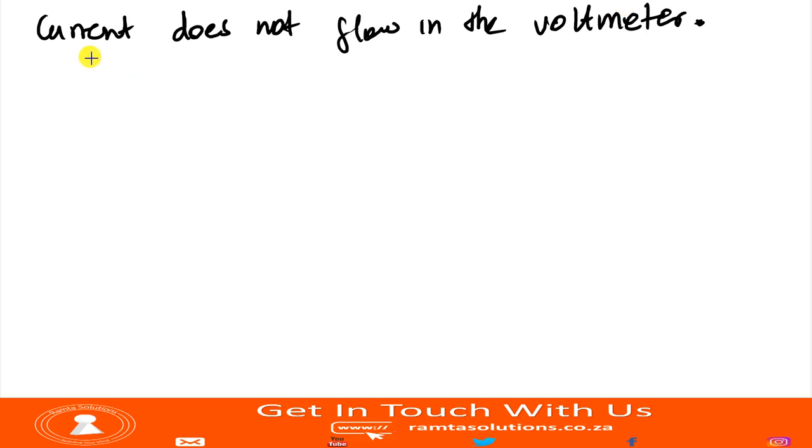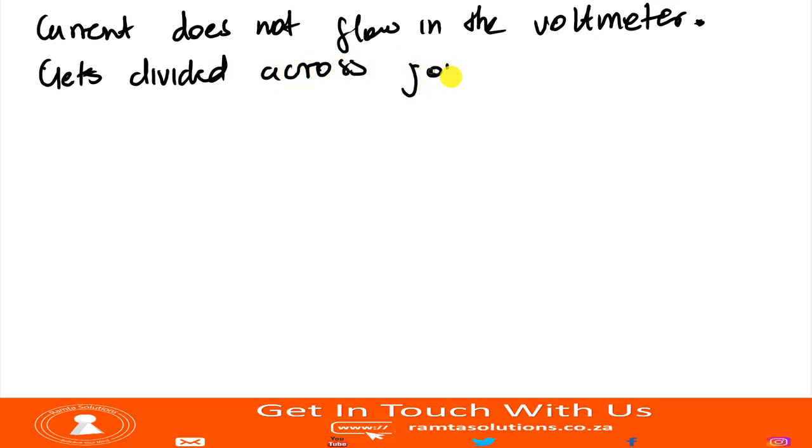Right. And I think when we are on it, I should also mention that current gets divided across joints. This you will get to understand in the next video. I'm going to put joints because it's a word that I'm using loosely. Yes, it's an English word, but I'm using it loosely.